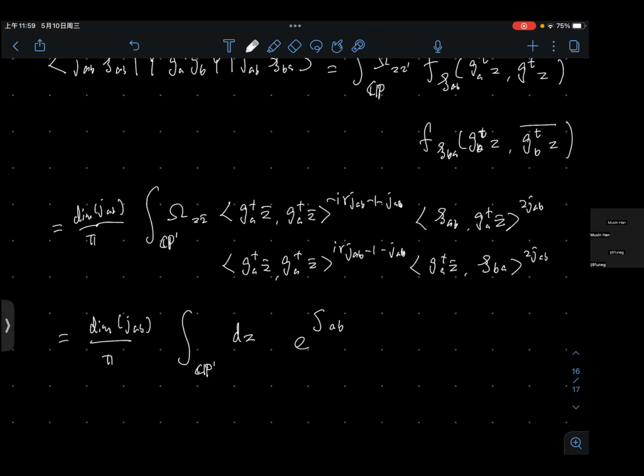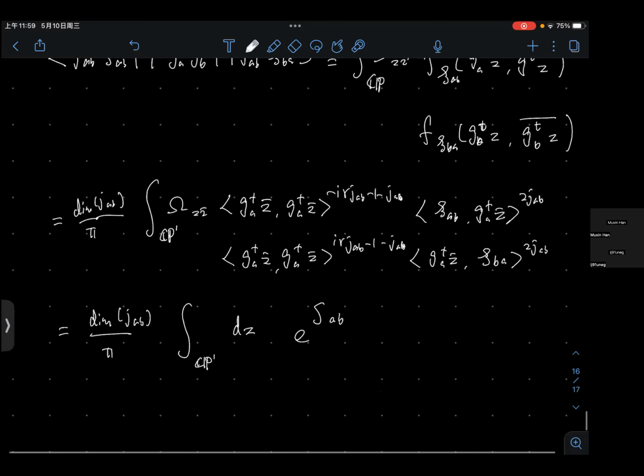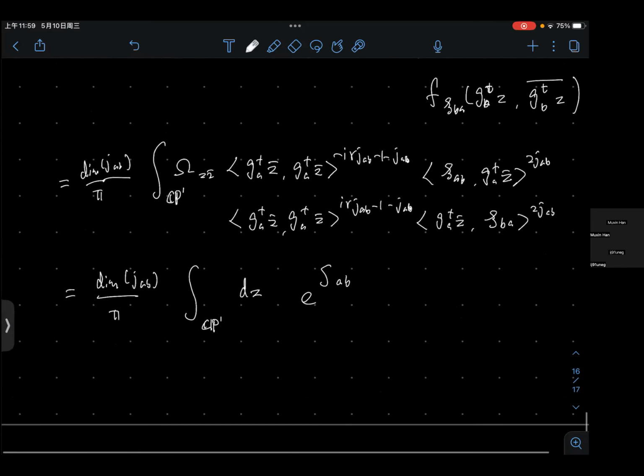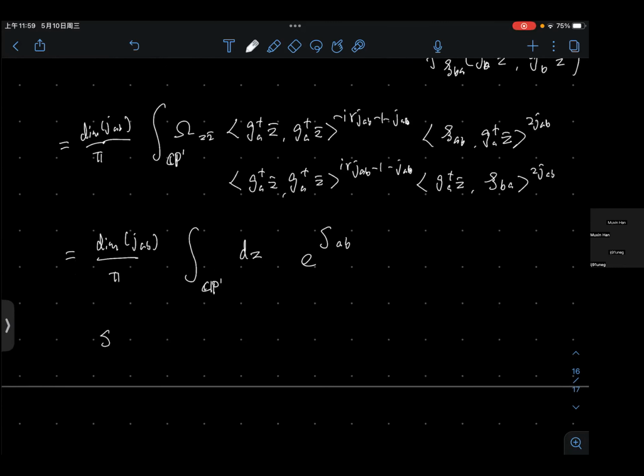To write this action, you just write the integrand as an exponential, which means this action is just the log of the integrand. Let me first write this dz. It is a homogeneous measure of degree 0, so it's a scaling invariant measure.